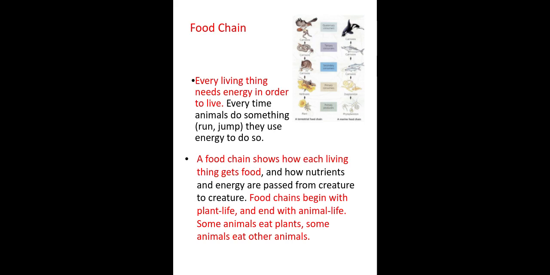Every time anything does something, an animal does something, a plant does something, it needs energy to do it. If you're walking, running, jumping, you need energy to do it. A food chain just shows you how each thing gets food or energy, how it gets the nutrients and food, and it's passed.